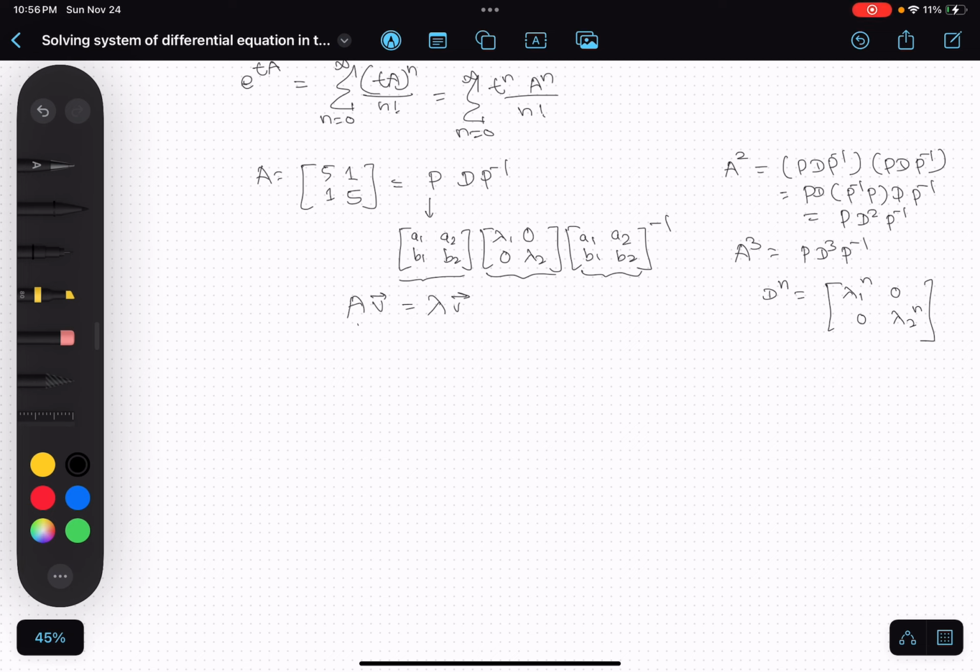If I bring it to the other side, we will have A v vector minus lambda v vector equals 0. Taking v vector common, I will have A minus lambda, and since this is a 2 by 2 matrix, I will also introduce I over here. This is just the matrix version of the number 1, so as to make things doable, right? Because we can definitely do matrix minus number equals 0.